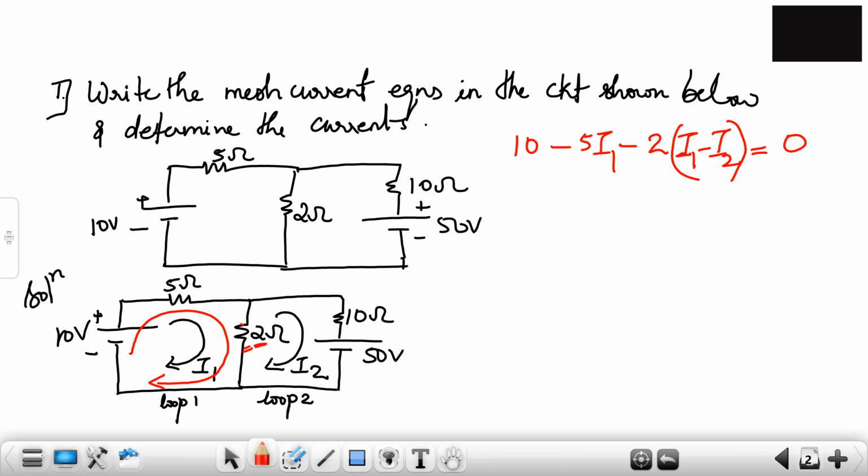Let us repeat. 10 volts minus 5 I1 into 5 ohms minus 2 times I1 minus I2 is equal to 0. Let us open up the brackets.